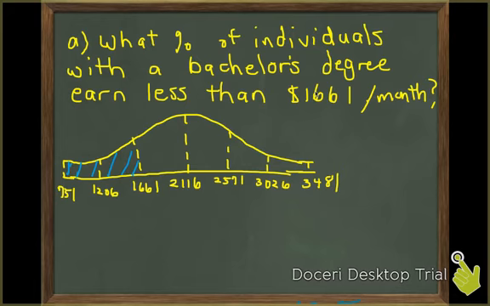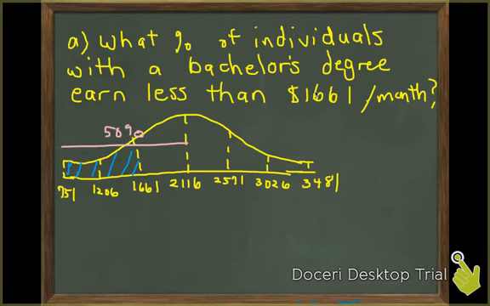I know that this area, from the center all the way to the left, would be 50%. 50% of the data falls below the mean.